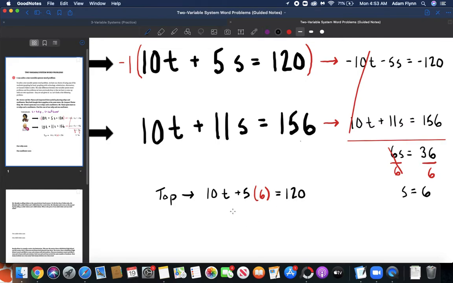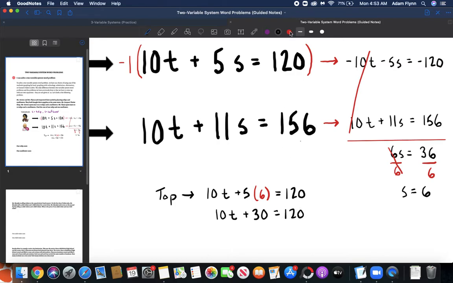Okay, 5 times 6 is going to be 30, so I get 10t plus 30 equals 120.